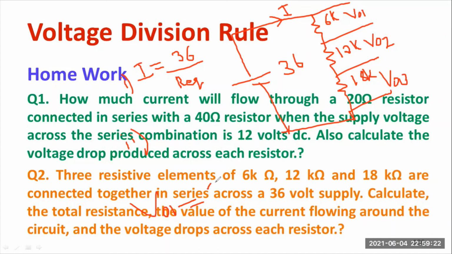The total voltage is 36 into the resistance corresponding to V01, which is 6K, that is 6 into 10 to the power 3, divided by the total resistance, 6K plus 12K plus 18K. If you want, you can write 10 to the power 3 inside the bracket also. Otherwise, you can take the 10 to the power 3 common, and these 10 to the power 3 will be cancelled. You can solve the remaining thing. Likewise, you can calculate V02, V03, etc.